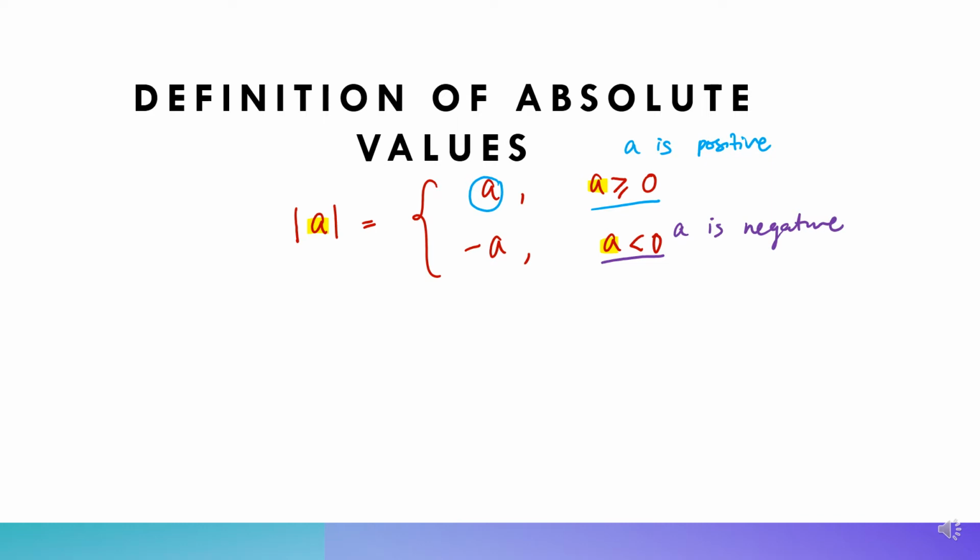So in the second line, the modulus of a negative number will be equal to negative A. Here A is negative, so I have negative, negative. Negative, negative will produce a positive number. So that means that my modulus A will always be equal to a positive number.